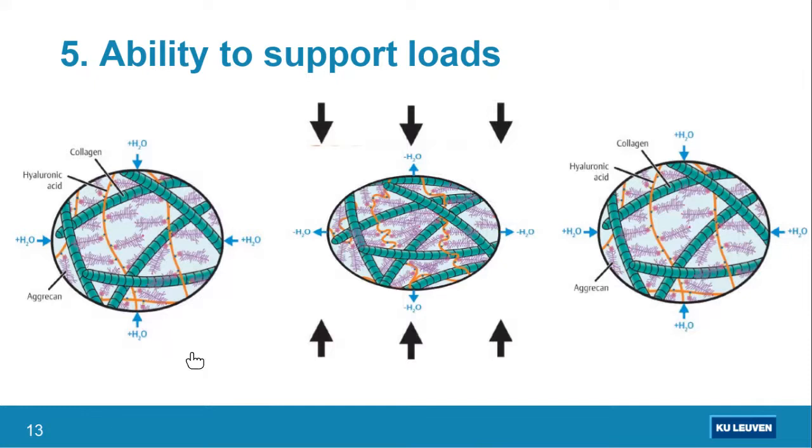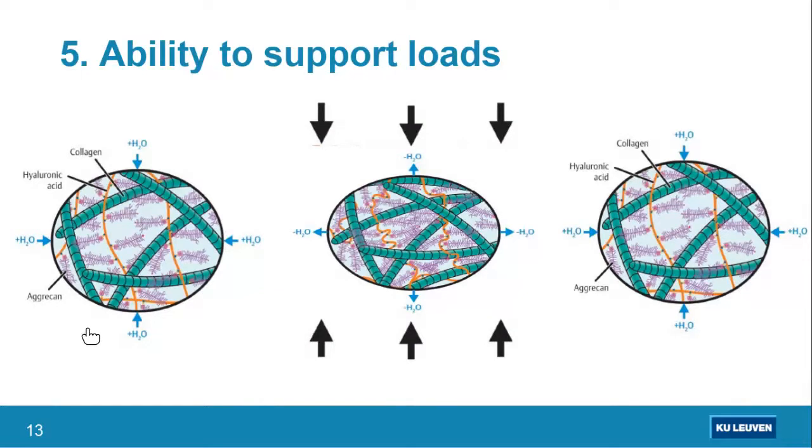Here on the left side, you have the extracellular matrix of the cartilage in an initial situation. In this situation, we have the aggrecan, which has a lot of negative charges, and therefore it's going to bind very strongly to water molecules, because water molecules have positive charges.